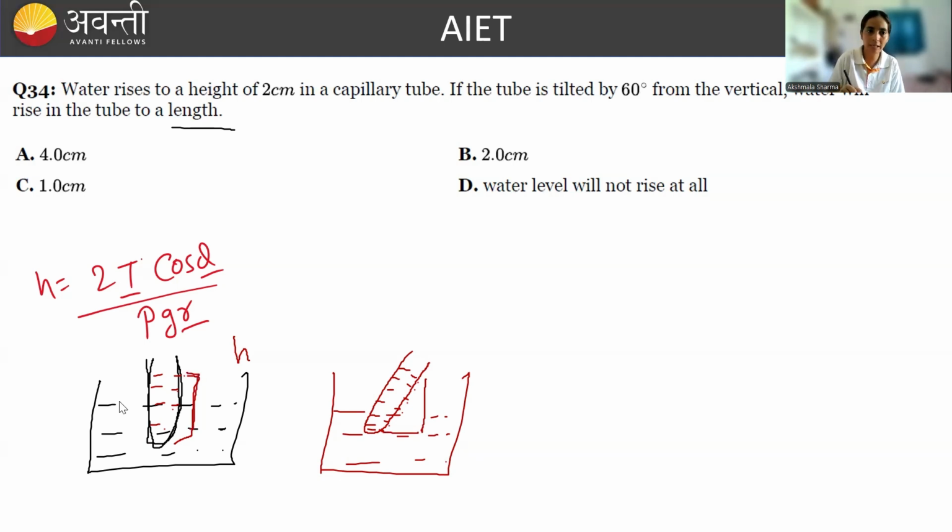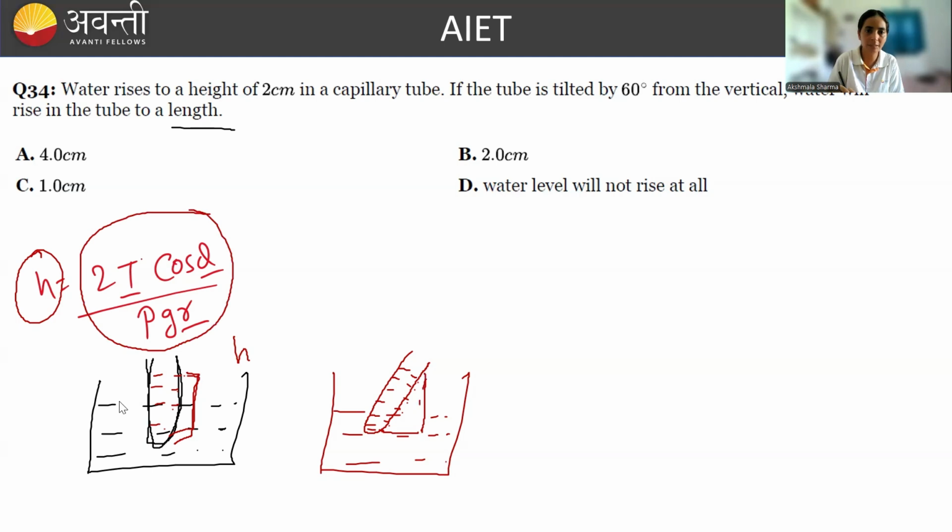So this height was h, and now you are just tilting it. If this height was h and you are tilting it now, again from here to here, this height will remain h. So for that water column height, just look at the formula. Height of water column will be equal to this, and if these things are not changing, then that height is not going to change.